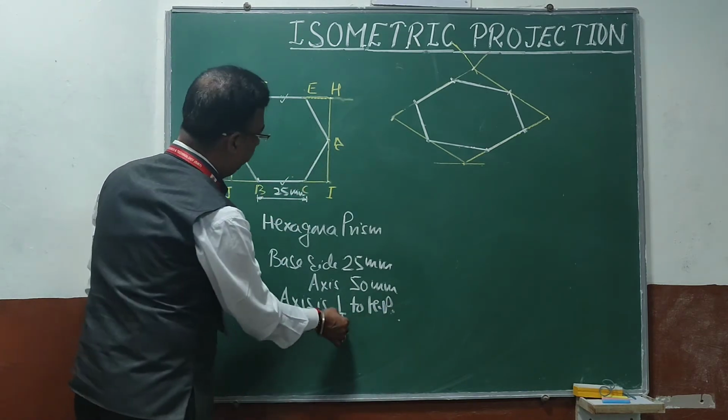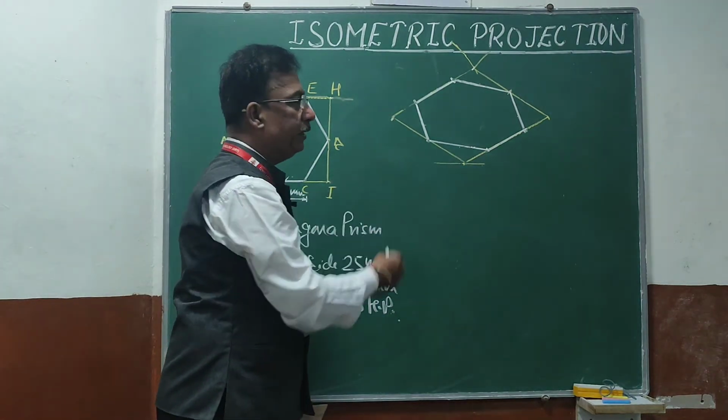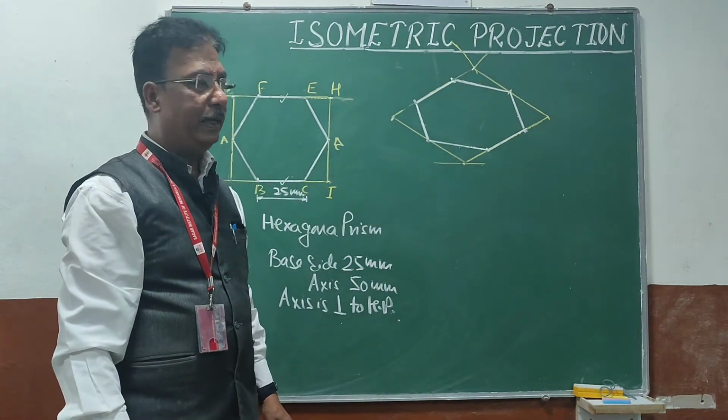When the axis is perpendicular to the horizontal plane, this will be the top view of the hexagon. So I have already plotted the isometric of that hexagonal top view.